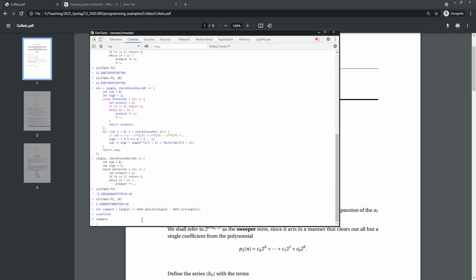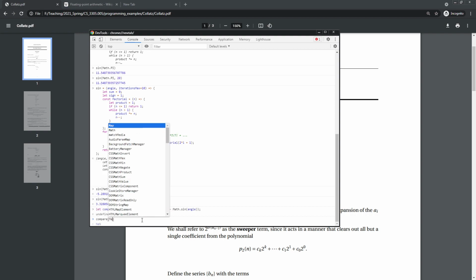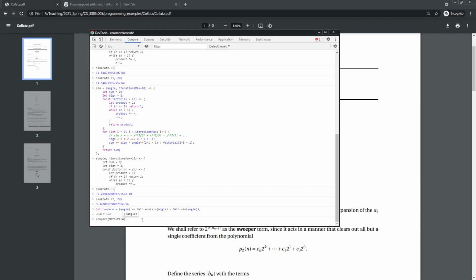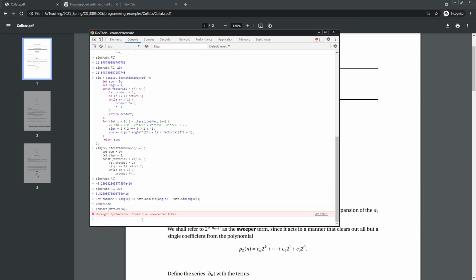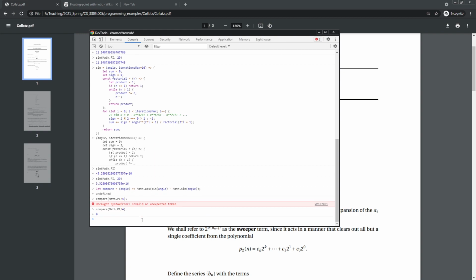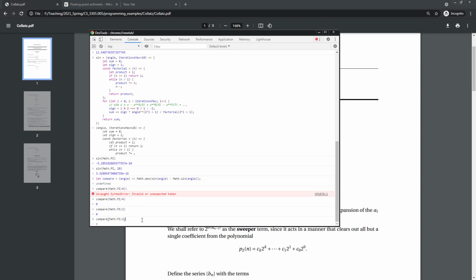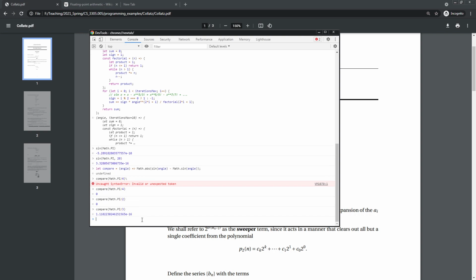So then let's compare at math.pi over 4. And the values are exactly the same at that angle. At math.pi over 2, at pi over 3, we see that we get a little bit of precision difference. But our sine function is doing the same thing that the built-in function is doing.